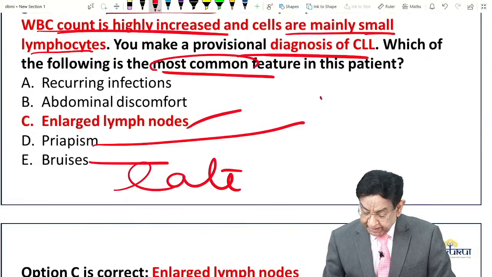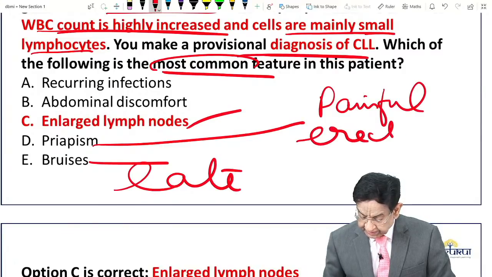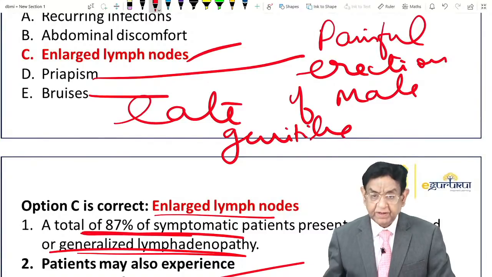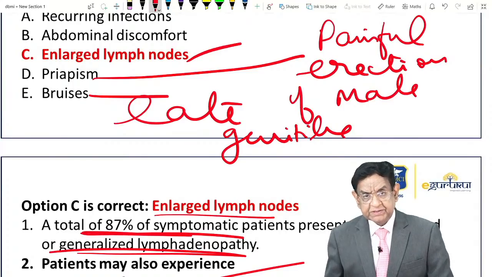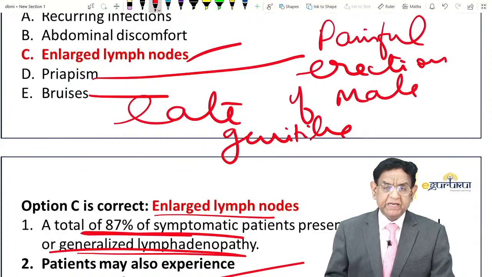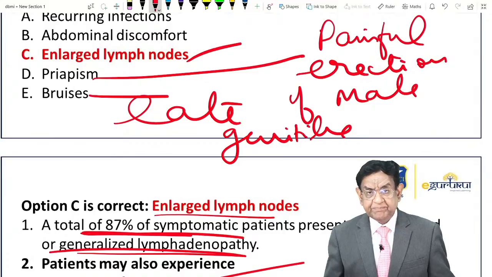Priapism is a painful erection of male genitalia. Now I have a question for you to answer. Write down the answer. In which condition, hematological condition to be more precise, can we see priapism?